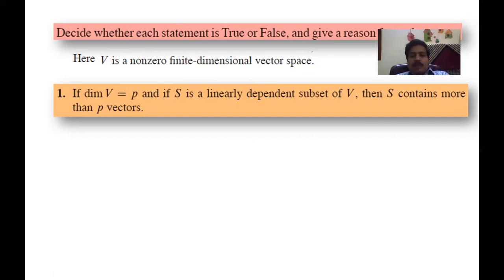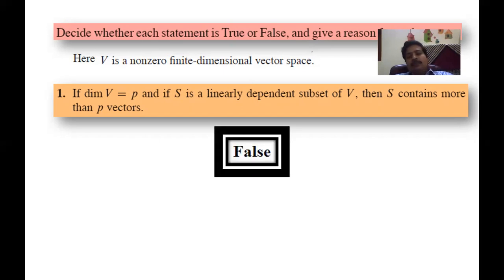So this is false, since we can form lesser numbers of linearly dependent sets. For example, if we take the zero vector itself, it is linearly dependent and there is only one vector there. So we can form linearly dependent sets with even fewer vectors.